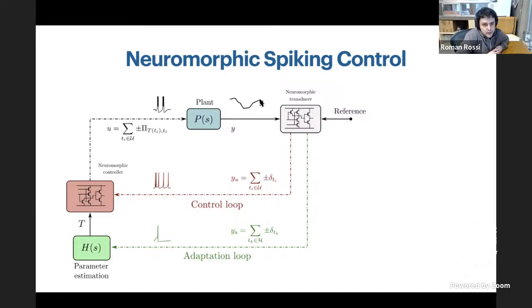So there are people in our lab, one of my colleagues in particular, whose objective is also to make artificial intelligence more reliable by bringing neuro-inspired ideas into the picture.